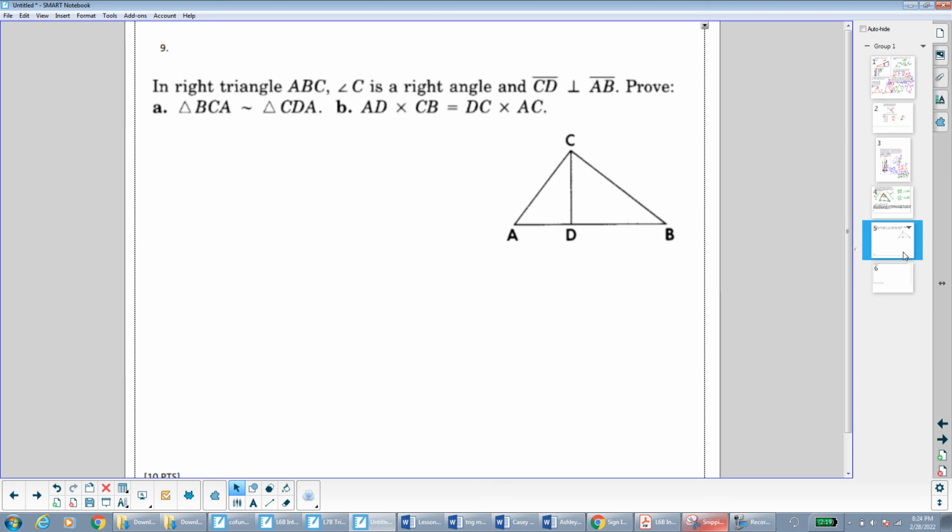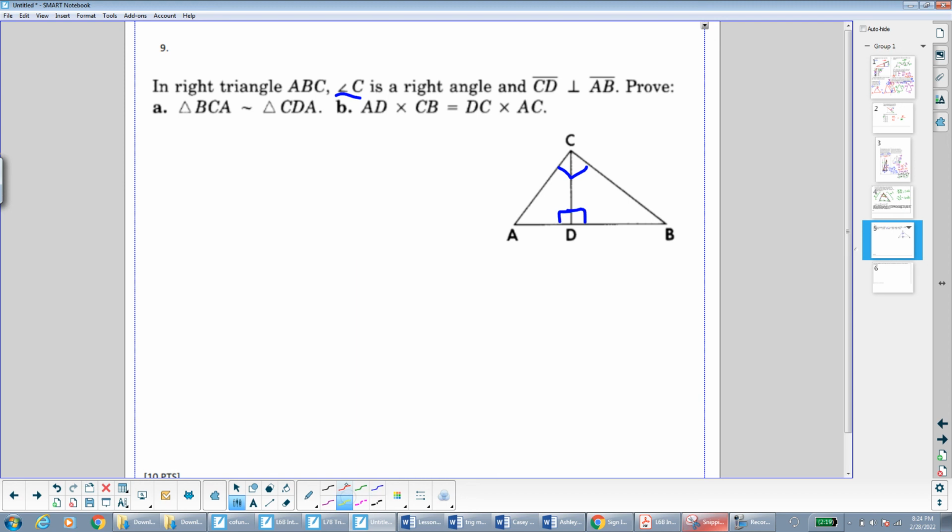Okay, so in right triangle ABC, angle C is the right angle. So I'm going to put that in here. And CD is perpendicular to AB. I don't know which right angle is going to be important to me yet because I don't know which two triangles we are proving similar.